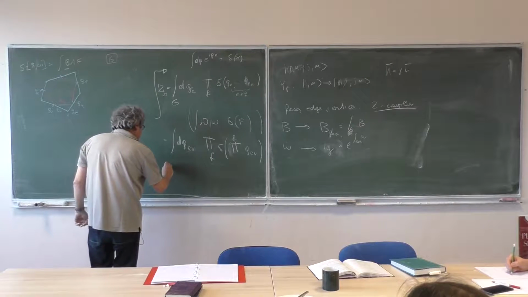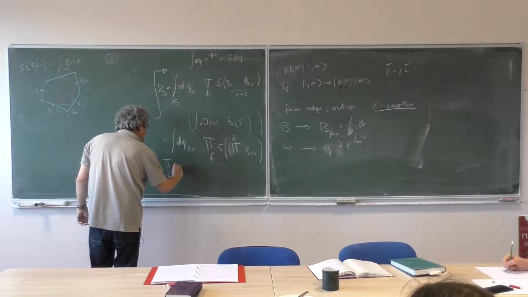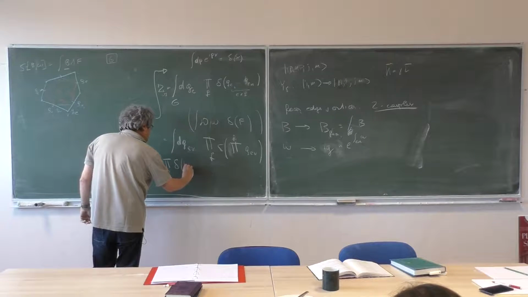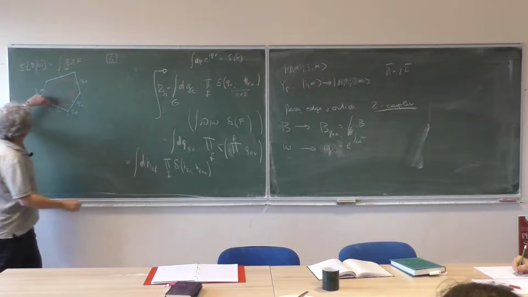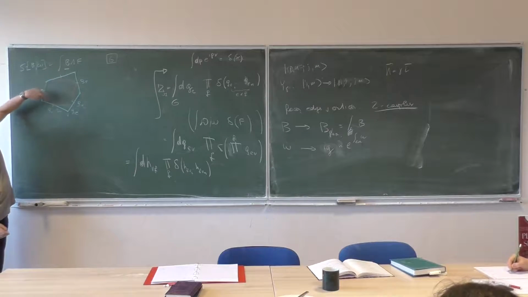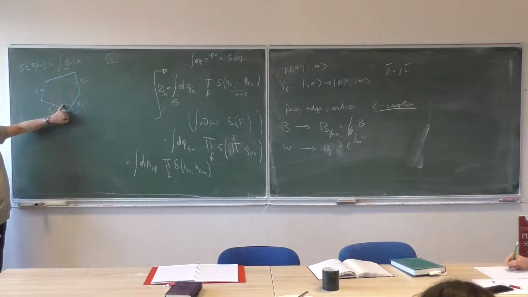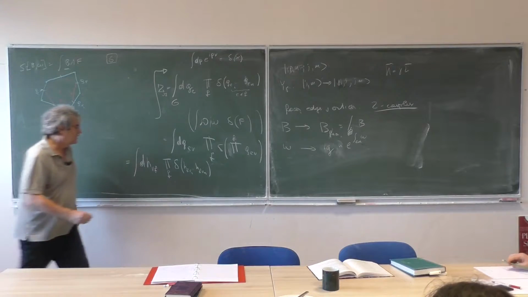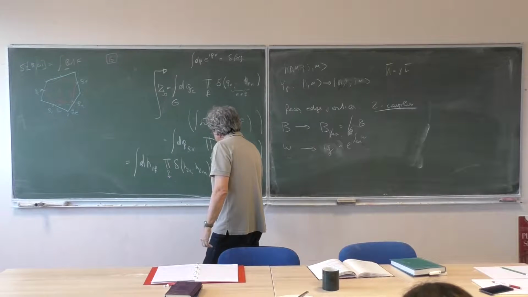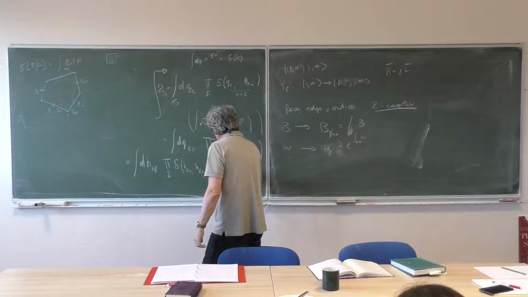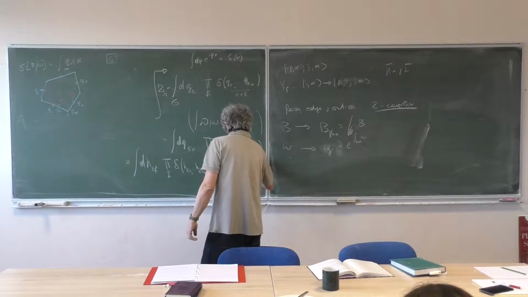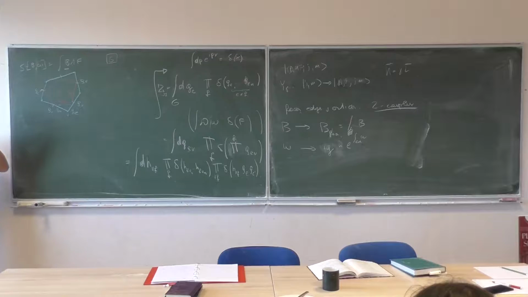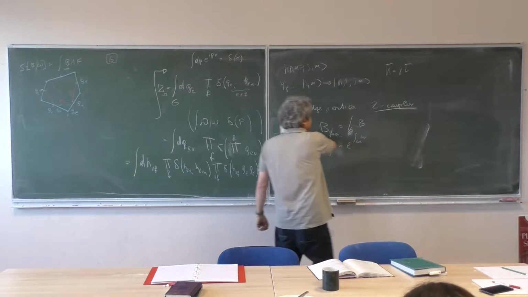So I write a delta, the product on the faces of delta of H face vertex 1 through H vertex n. I want this to be a delta, so to be 1, and I want this to be given by this times this. So for each couple vertex face, a delta of H vertex face g_e g_e prime, where g_e and g_e prime are this and that.